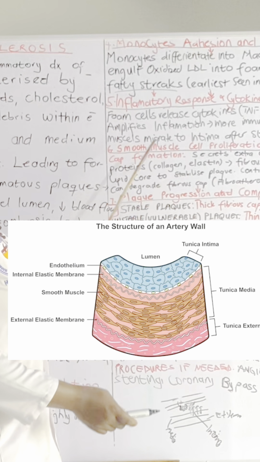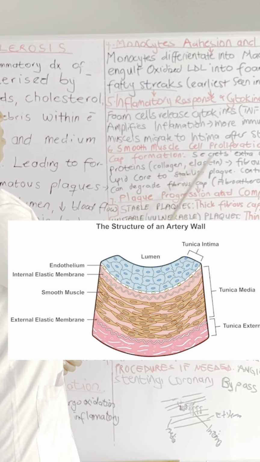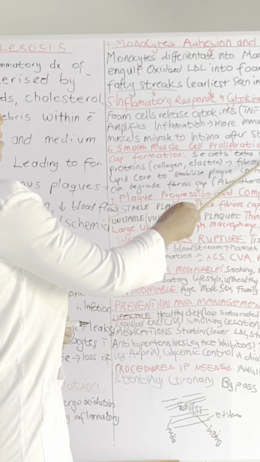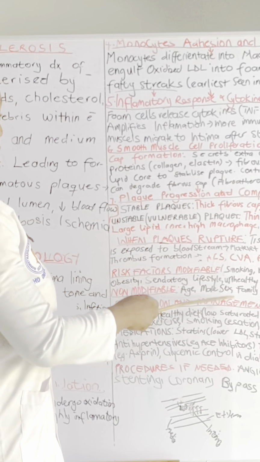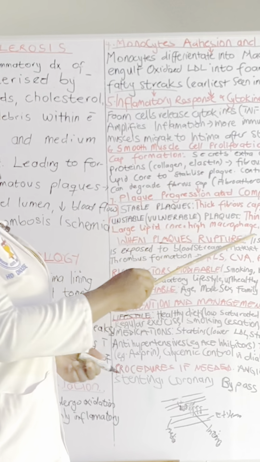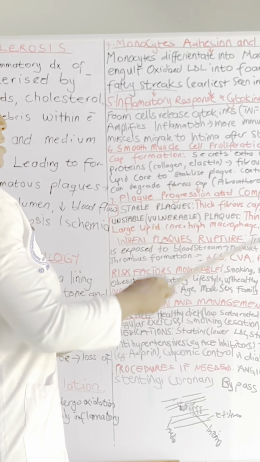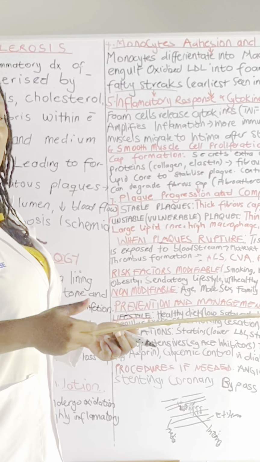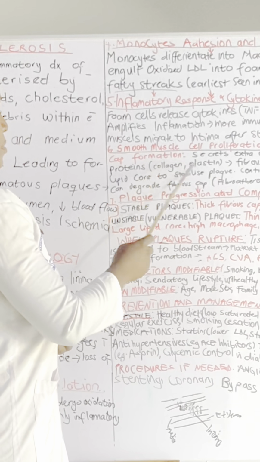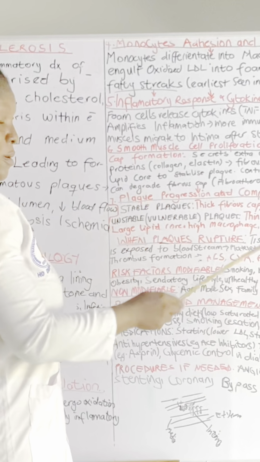As they get there, they will secrete some proteins, like collagen and elastin, which are fibrous proteins. This collagen or elastin will form a fibrous cap over the lipid core.